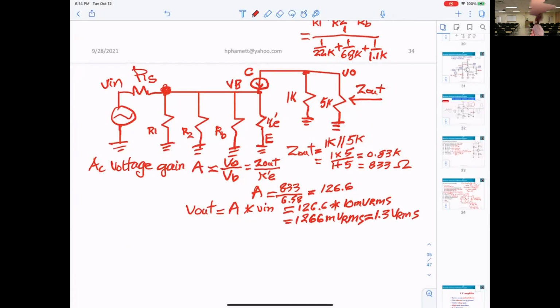Okay, that only happens if you don't have this resistor. If you have the RS resistance, that's a different story. But for this problem, up until this point, that is the complete calculation for the AC model.